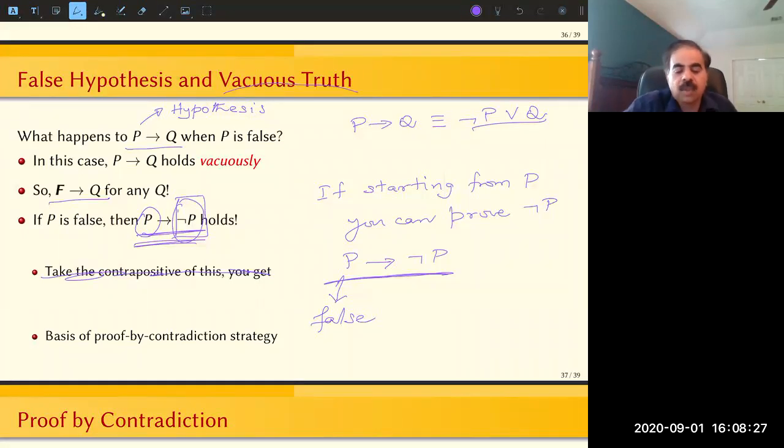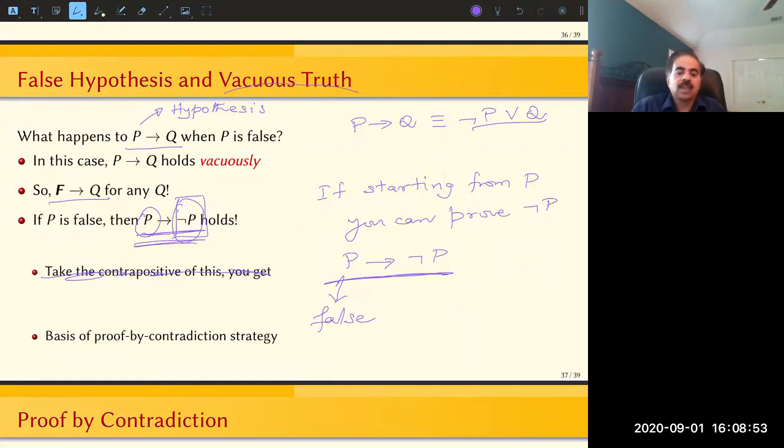So a proof by contradiction uses this approach. You start from P, and if you are able to prove that not P is true, that must be because P itself, your original assumption, must be false.